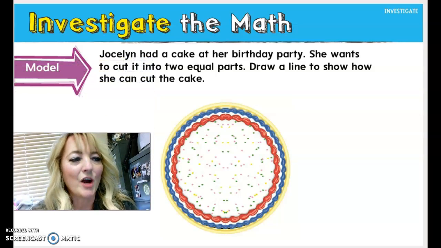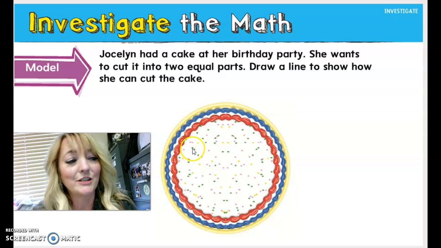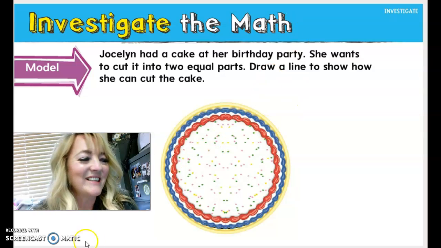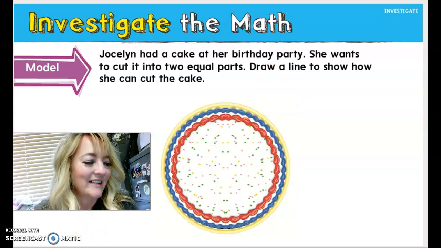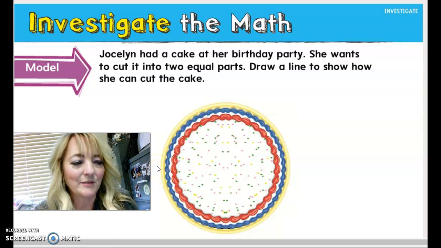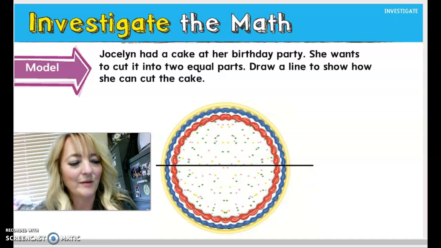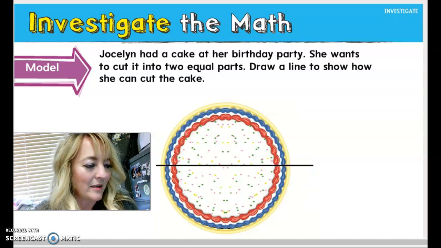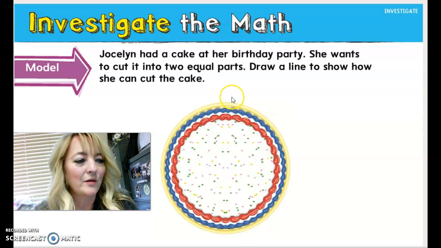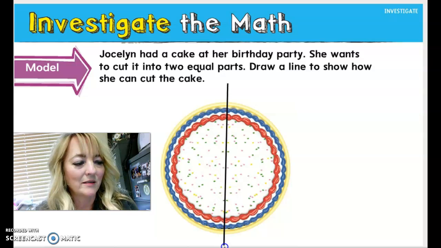Jocelyn had a cake at her birthday party. She wants to cut it into 2 equal parts. That's going to be a lot of cake for someone. Draw a line to show how she can cut the cake. So let's get our writing tools out. You could do this a couple of different ways. To divide it into 2 equal parts, you could go this way. You could also go vertically up and down to divide it into 2 equal parts.